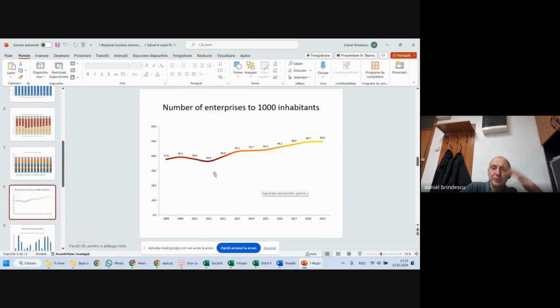This is the evolution of the ratio companies to 1,000 inhabitants, which for sure is lower than the European Union's average. Again, this shows potential for growth, but at the same time, it should pose questions. Why is the number of companies significantly lower in Romania than in other countries?